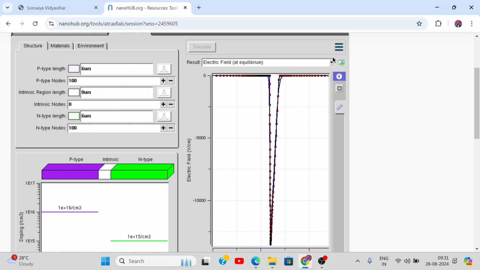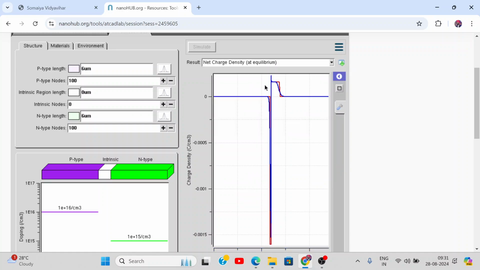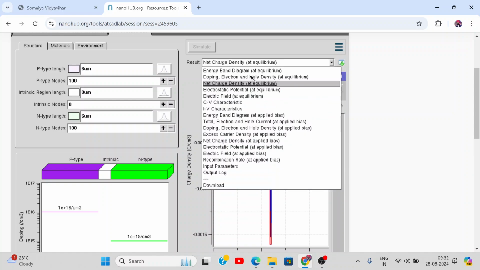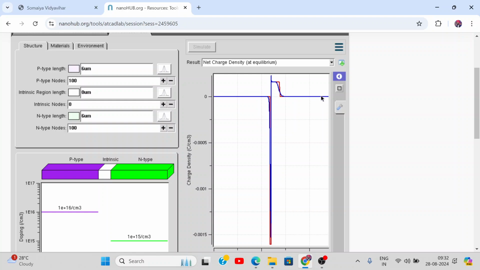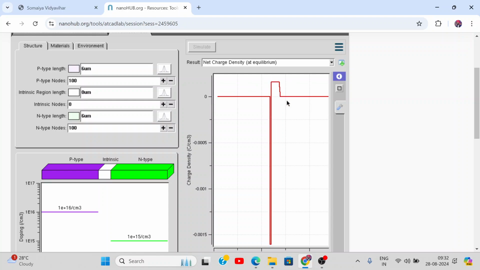And how will you verify W? Net charge density. Distance between this and this point, right? W. Or how else can we find it out? Yeah, that's the only way. So here, let me change the blue one. Blue one is the graded one. Understanding?